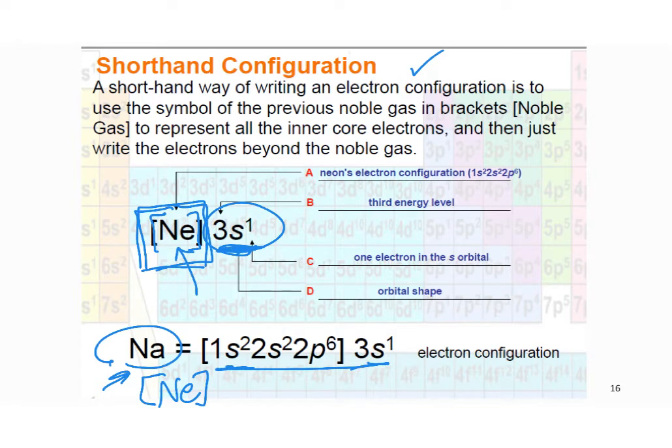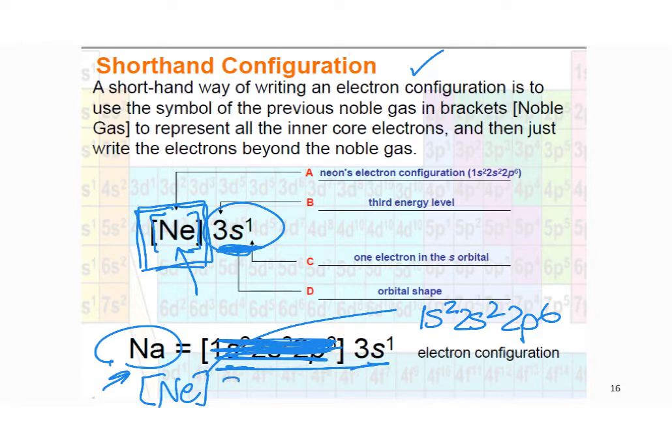So the electron configuration for neon is what's in brackets there. Okay? That's the electron configuration for neon. So basically, by putting neon in brackets, we've accounted for all these electrons. And then the only thing that we have to write out is, again, the electrons in the highest energy level.